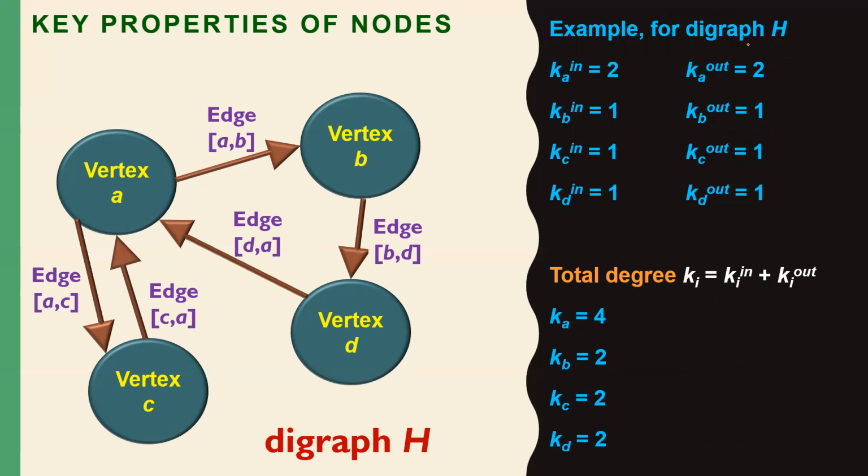The total degree of a vertex is simply the sum of the incoming degree and the outgoing degree. The notation will simply be k sub i. We drop the superscript in or out for the incoming and the outgoing degree.